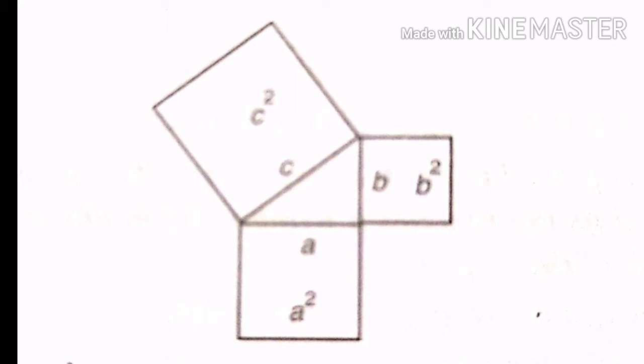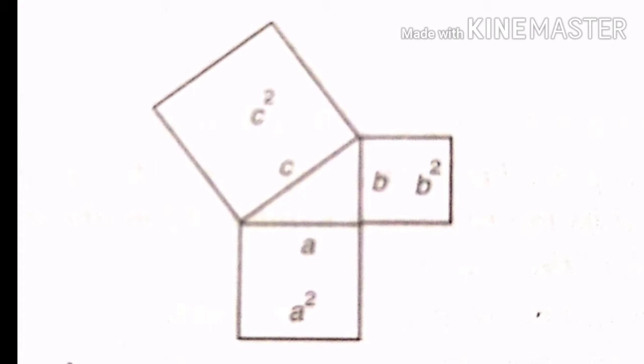So here students, some of the points you have to remember in this chapter are that the side opposite the right angle is always the hypotenuse, and the hypotenuse is the largest side, or you can say the longest side, of a right angle triangle.